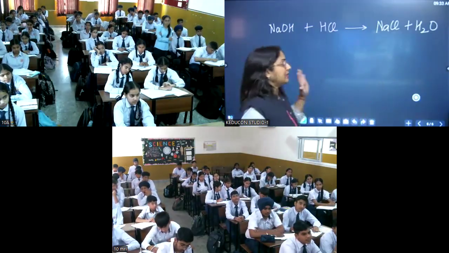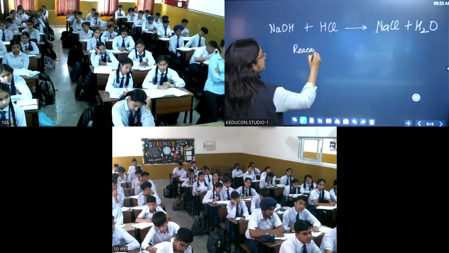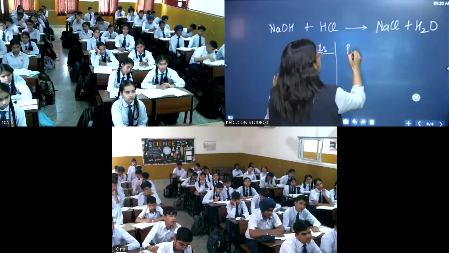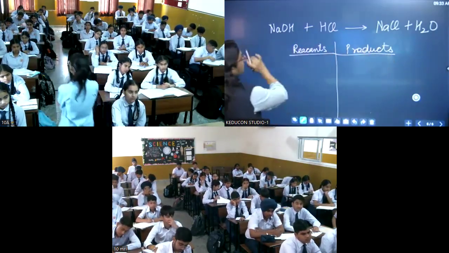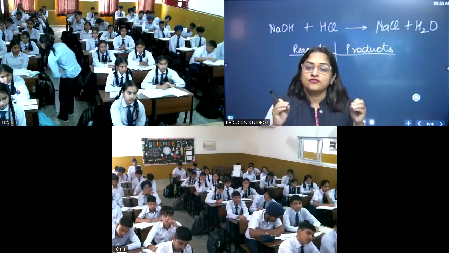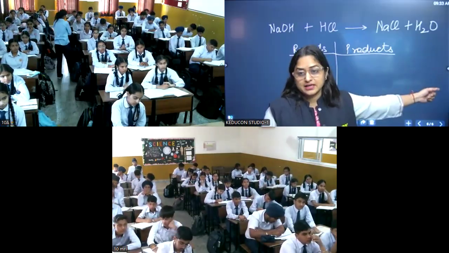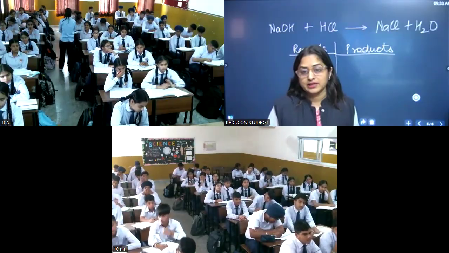So let me see what type of atoms I have on the reactant side, left hand side, and what atoms I have on the product side. One thing, whatever kind of atom you have on the reactant side, definitely you'll have that on the product side. But for balancing, there will be a change in number only, right?